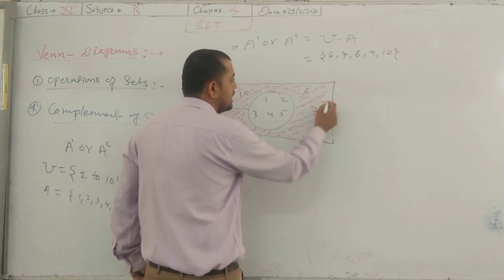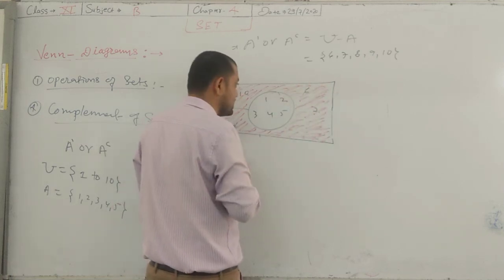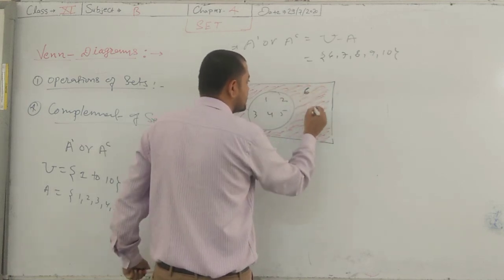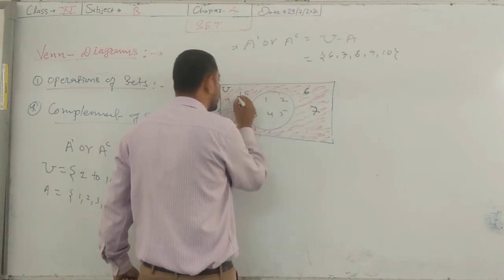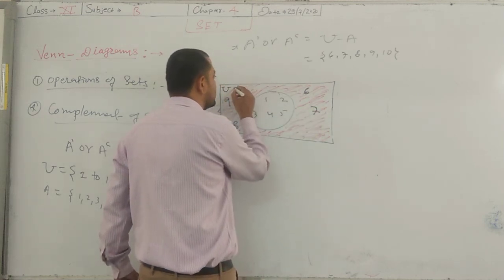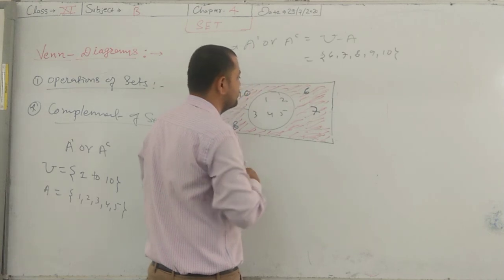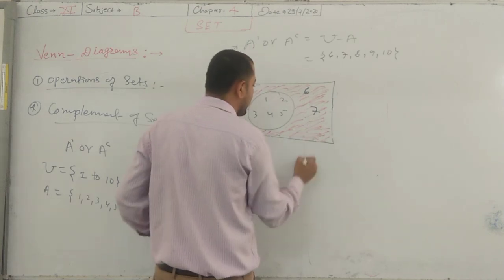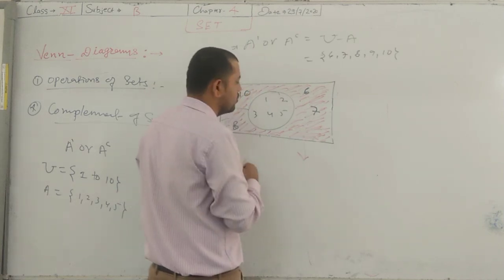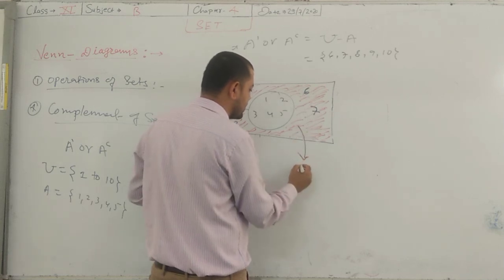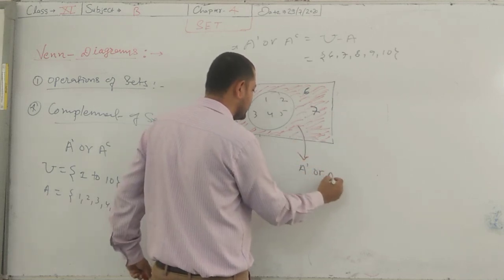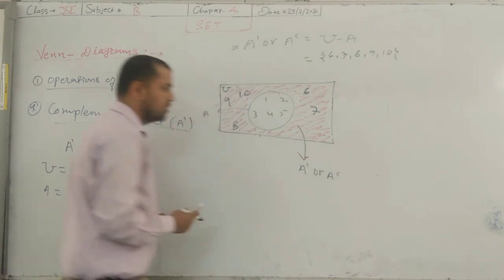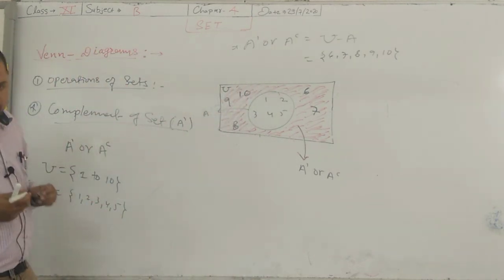This shaded portion is called the complement of set A, which we write as A dash or A^C.